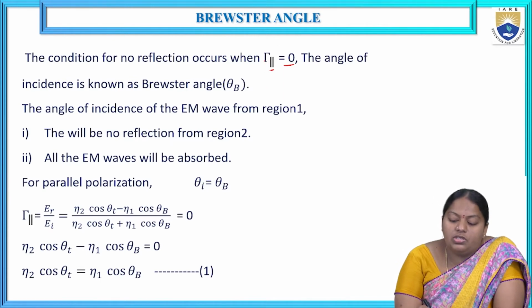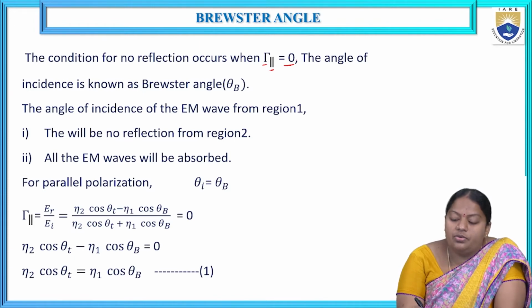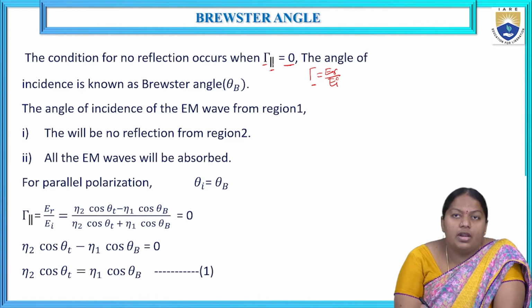The reflection coefficient gamma is the ratio of the reflected wave field strength to the incident wave field strength. If there is no reflection, the incident wave is completely transmitted, hence gamma becomes 0. For parallel polarization, we use the notation gamma parallel equal to 0. With no reflection, the angle is called the Brewster angle or polarization angle.